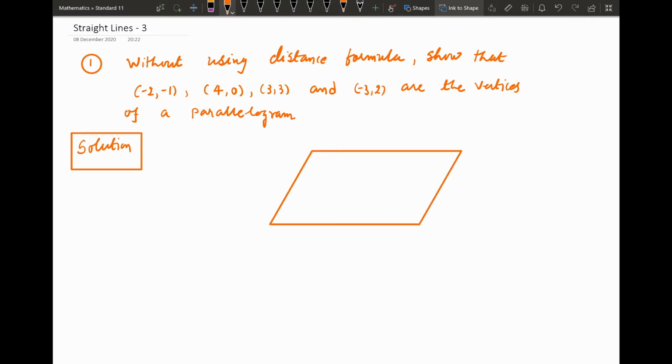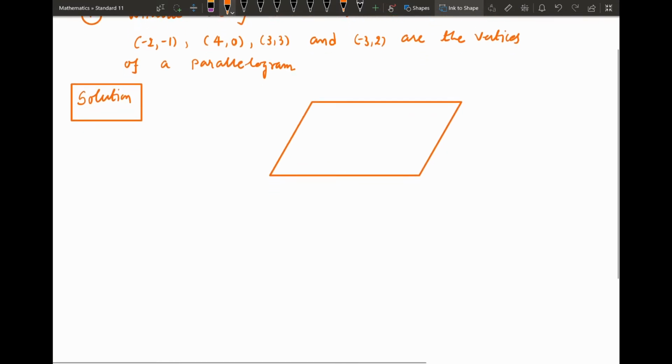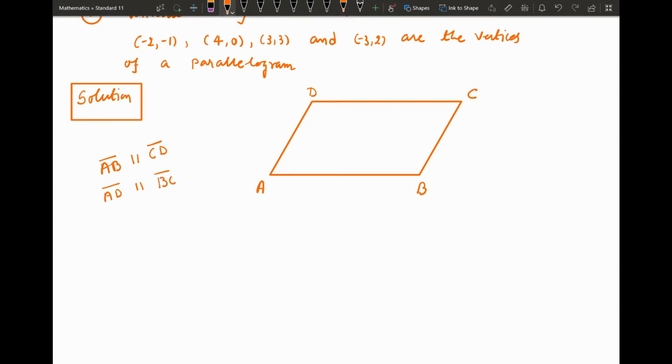So in a parallelogram ABCD, opposite sides are parallel. So we have to prove line segment AB parallel to line segment CD and line segment AD parallel to line segment BC.